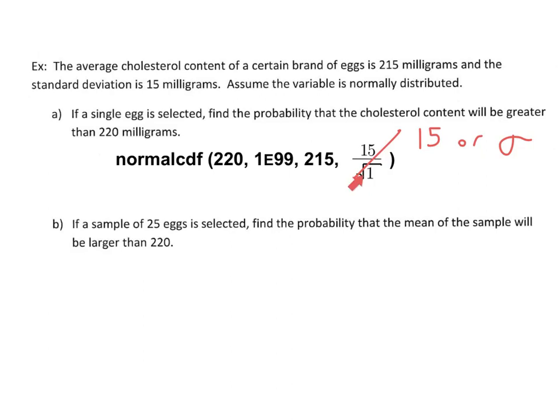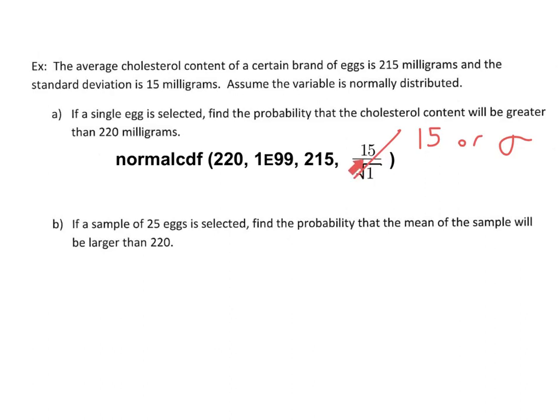You are welcome to continue to write 15 divided by the square root of 1. It's just extra typing. They equal the same thing. But that's the one exception. When the sample size is only 1, the formula that gets used for central limit theorem is the same as what we did for population in 6-2. Okay? That's the only nuance to it.